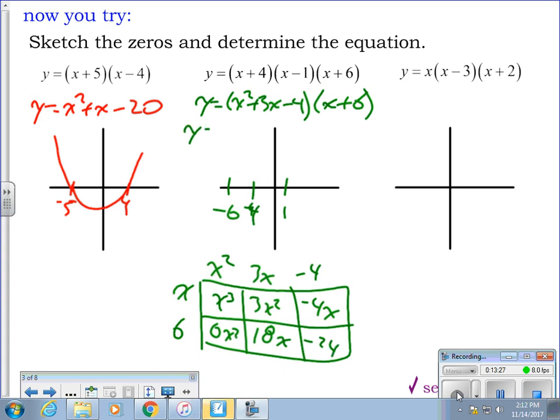So my final answer, y equals x cubed, and then 3x squared and 6x squared gives me 9x squared, and negative 4x and positive 18x gives me 14x, and then minus 24. And it'll look something like that.